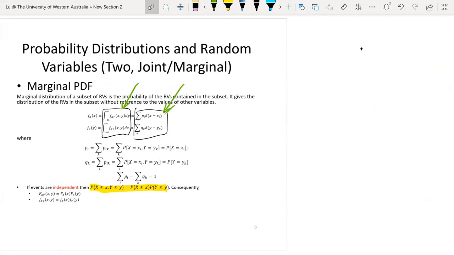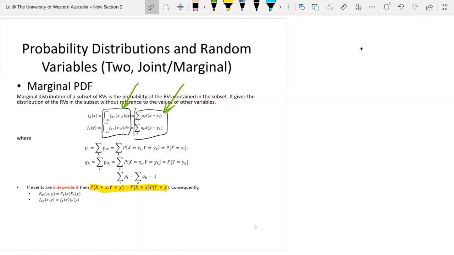If we say the random variable x is independent from the random variable y, that means x and y are totally separate, with no relationship at all. No matter what happens on x, it will not affect y. Or in other words, no matter what happens on y, it will not affect x.